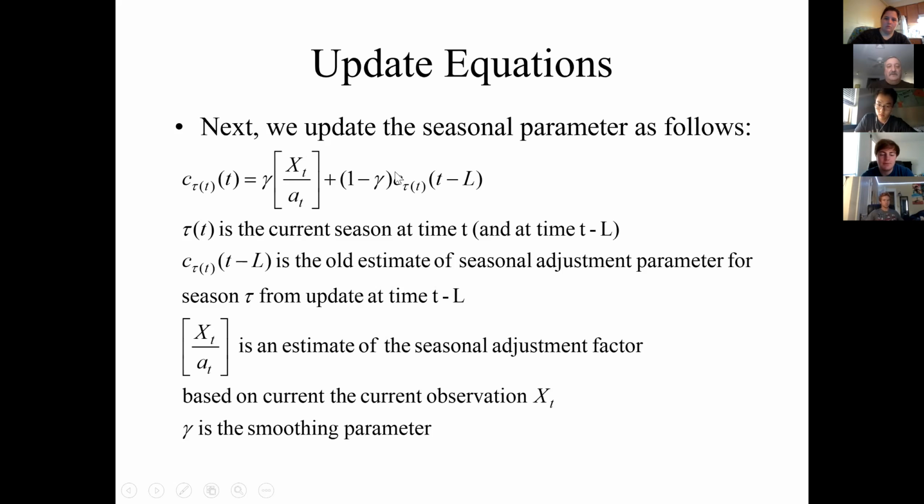And this is our old estimate of the seasonal adjustment factor that we made a year ago, our updated one a year ago. So we take our old estimate, we update it using the new data. We get our new estimate for the seasonal adjustment factor for this month. Okay, so we've updated a, b, and c.